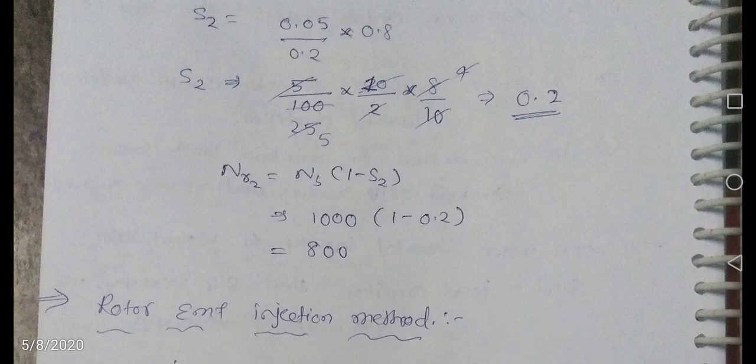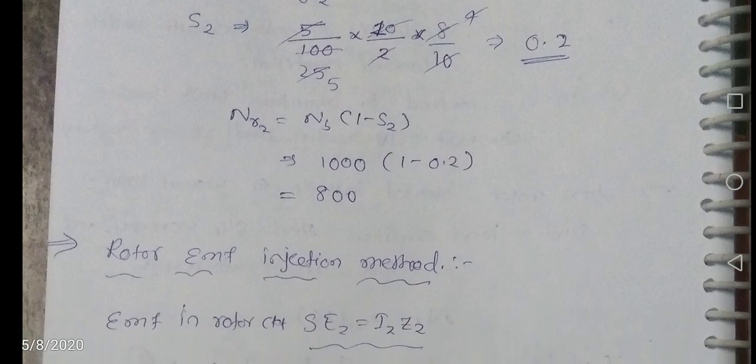Substitute that 0.2 S2 value in the equation for NR2, the rotor speed when extra resistance is added in the circuit. NR2 equal to NS into (1 minus S2), so NR2 equal to 1000 into (1 minus 0.2). That is NR2 equal to 800.